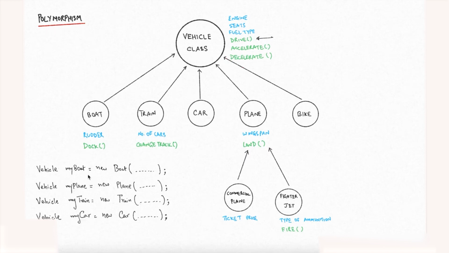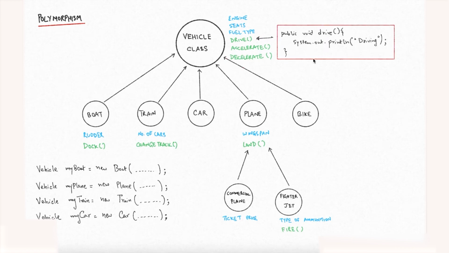So now that we understand that we can instantiate these things as vehicle type objects, let's look at what the drive method actually did. When we defined it in our code, we basically just printed the word driving. And this is what the method looked like. So what happens if we call myBoat.drive? It would say driving because drive is a parent level method and boat will be able to access that method.